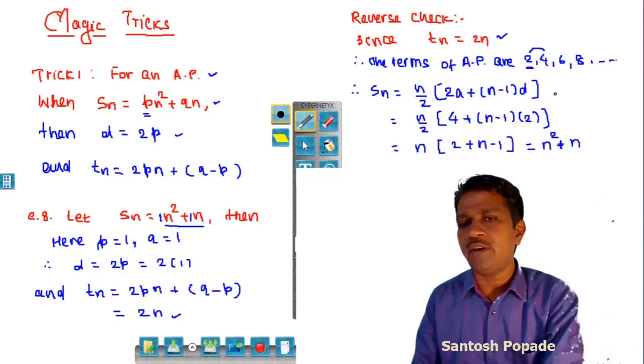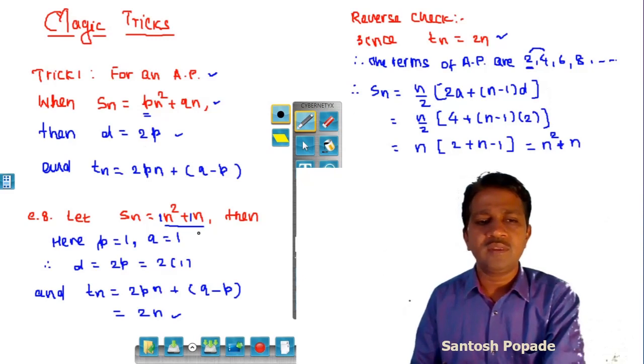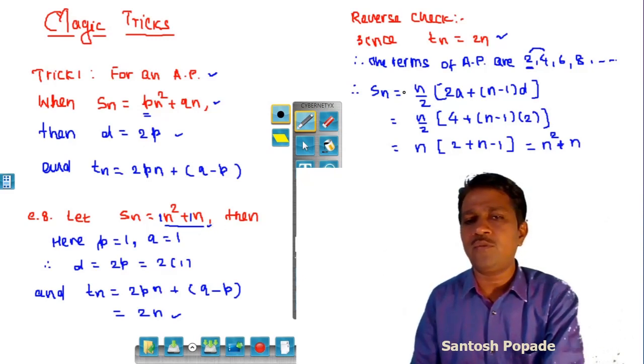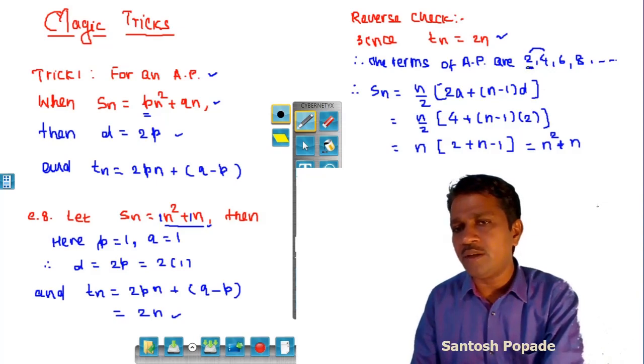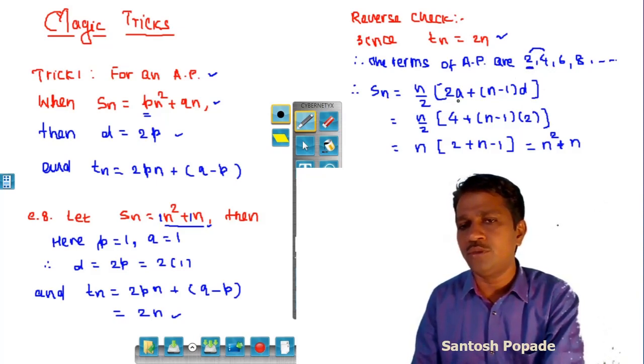Let us check whether the sum of n terms comes out to be the given formula. The formula for the sum of n terms of an AP is n by 2 into (2a plus (n minus 1) into d). In the present AP, the first term a is 2. So putting a as 2 and d as 2, I get 2 into 2, which is 4.